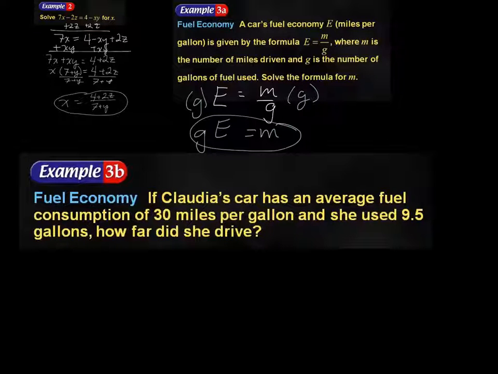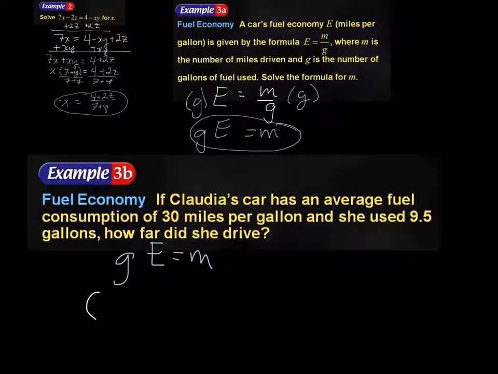If Claudia's car has an average fuel consumption of 30 miles per gallon, she used 9.5 gallons, how far did she drive? Okay, this is kind of an odd way of asking a question, but okay. In the last question we solved for m, so now we can substitute in. They said g for gallons was 9.5 and E for economy was 30.